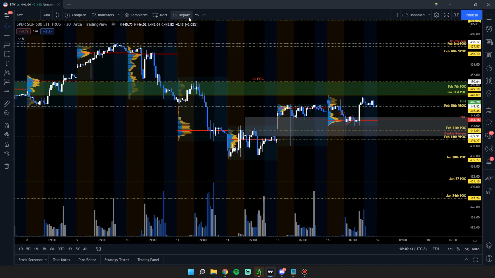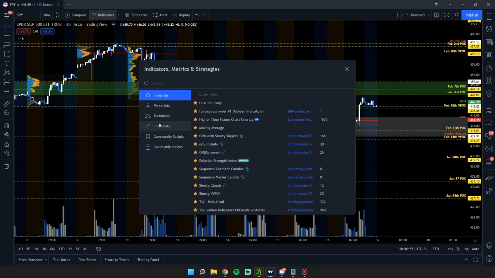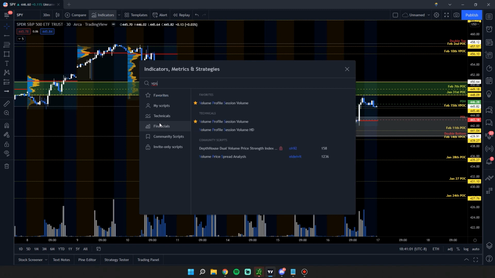You have to subscribe to TradingView. The minimum plan, it's like $14 or $15 a month, will give you access to this indicator. Once you subscribe, you would literally just search for VPSV, and it comes up here, volume profile session volume, and that's the one that you're going to want.